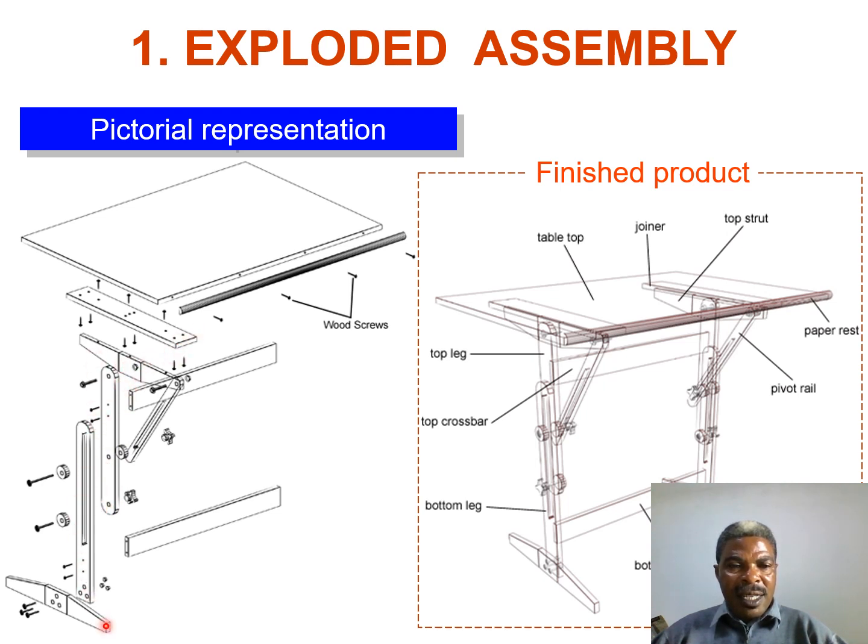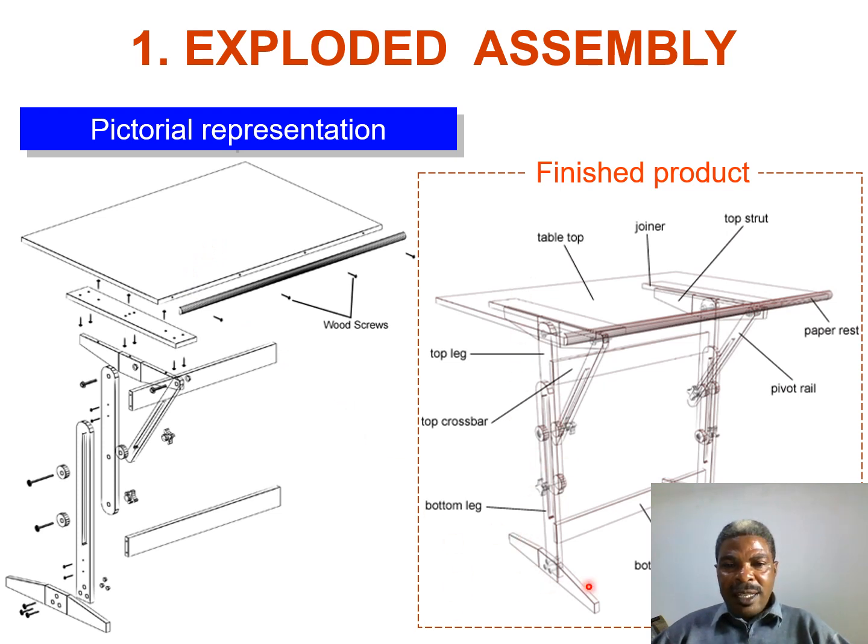They are arranged in a sequential way, such that it becomes easier to fix by following the sequence here. You can easily fix it to get a complete product by following this sequence of arrangement provided in the pictorial representation. This is a full component.